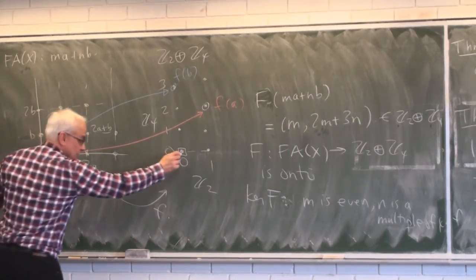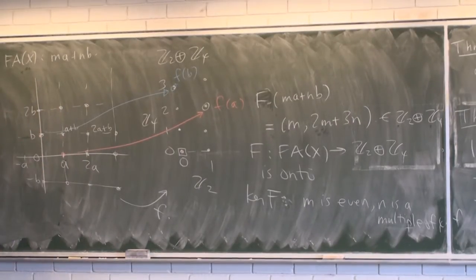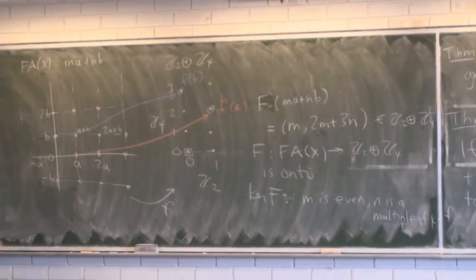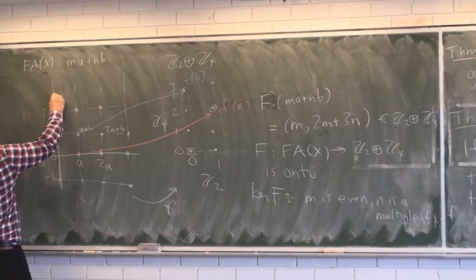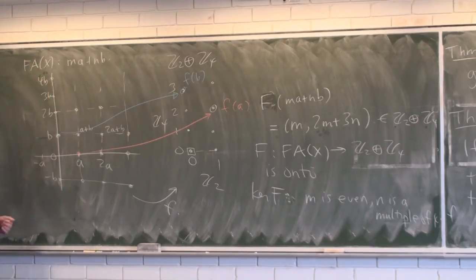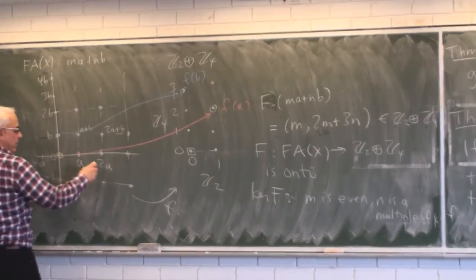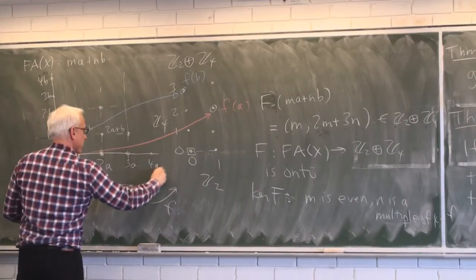So the things that get sent to 0, the kernel of this map, looks like this. It's all the linear combinations where m is even, m is the coefficient of A, and n, the coefficient of B, is a multiple of 4. So what does that look like? Well, we can draw it. So there, 2, there's 3A, 4A.